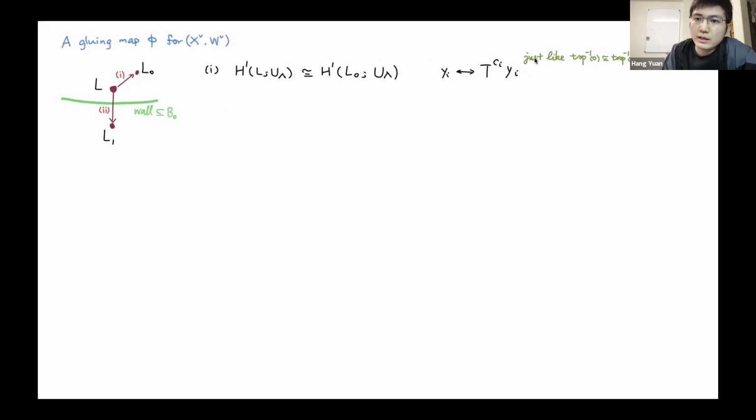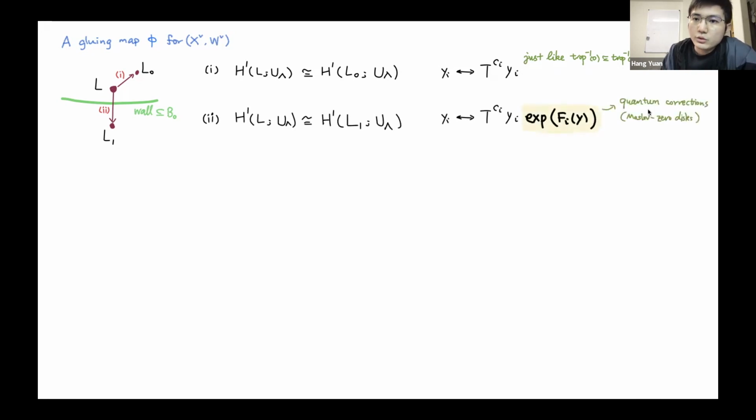So this is just like identifying two fibers of the non-Archimedean torus fibration. But if you cross the wall, you may have some additional term which accounts for the quantum corrections. And I would like to emphasize that this term is only determined by the count of Maslov index 0 disks.